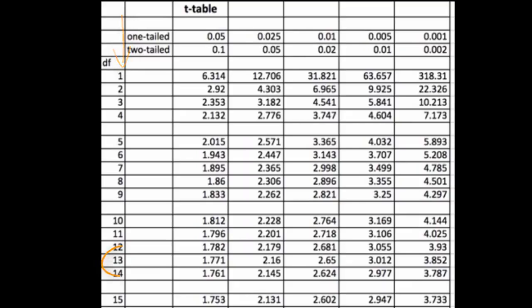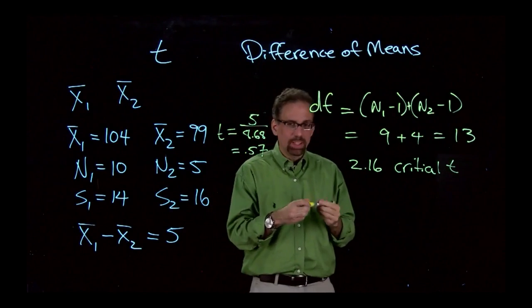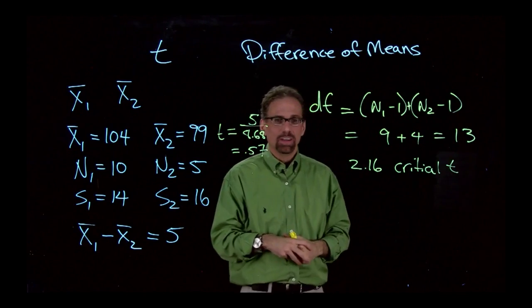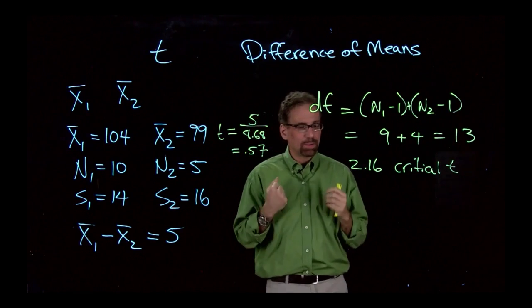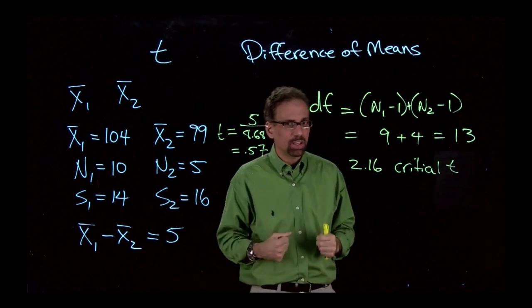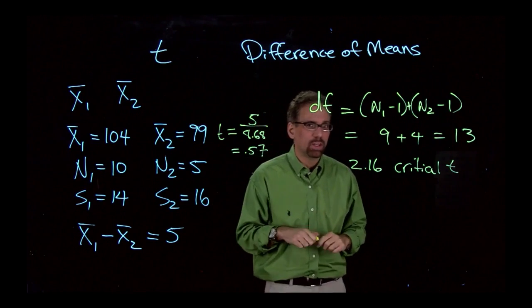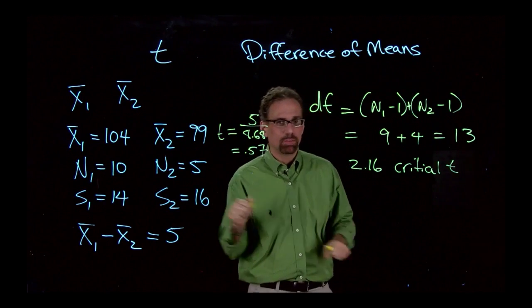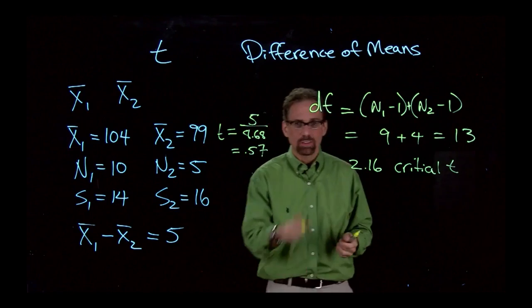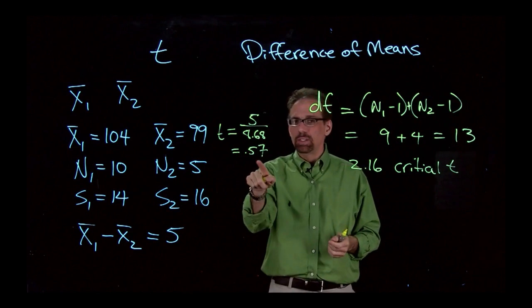And I go down to 13, and I go across, and that's the critical value of t, and that number is 2.16. Okay? That's the number to beat, as we've been calling it. So if my t is higher than this, I'm going to conclude that I have a significant finding. If it's lower than this, I'm going to conclude that I do not, and I have to accept my null hypothesis.